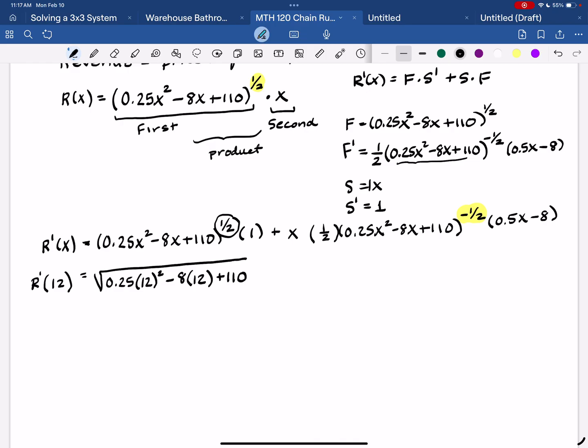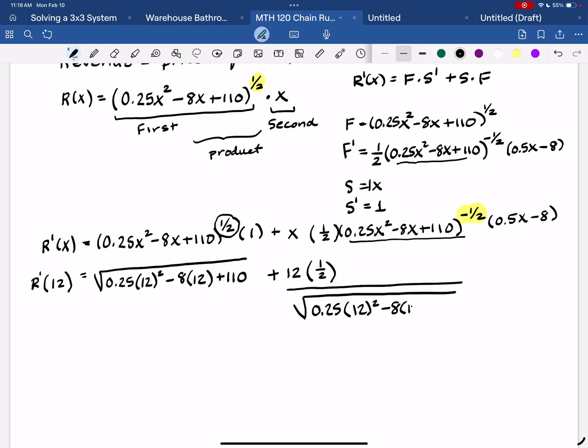Now I've done my 1/2 because that's what the square root is, and times 1 is just going to be that. Plus, I need to put a 12 in for the x, times 1/2. Now all of this is going to the denominator, so I'm going to put my square root in the denominator, 0.25, 12 squared minus 8 times 12 plus 110, and then all of that, don't forget this last part, 0.5 times 12 minus 8.